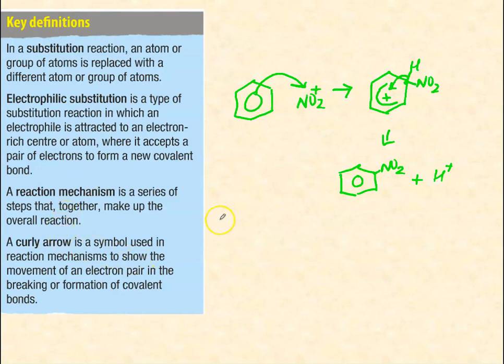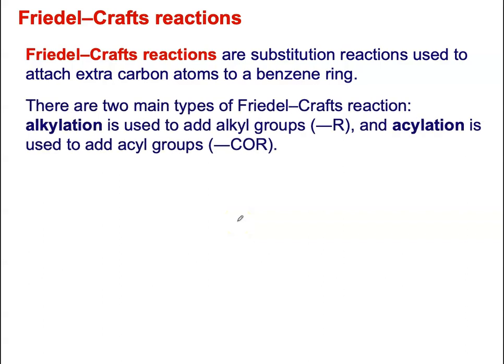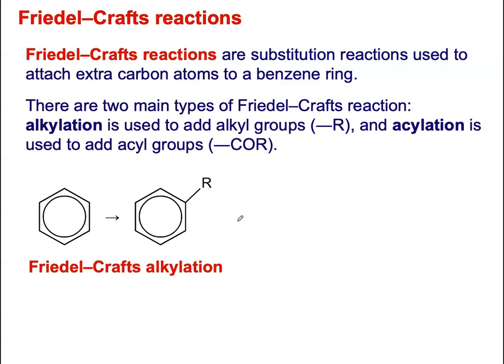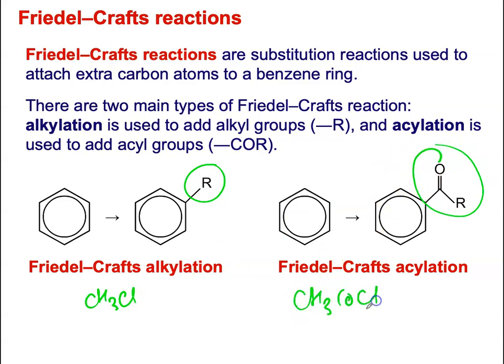One more mechanism then. The rest you can read for yourself. The next mechanism is called Friedel-Crafts alkylation or acylation. This is where we can add an alkyl group and an acyl group to the benzene ring. You can see this here. This R is coming from a halogenoalkane like CH3Cl. This part is coming from acyl chloride. In both reactions, aluminium chloride is your catalyst.